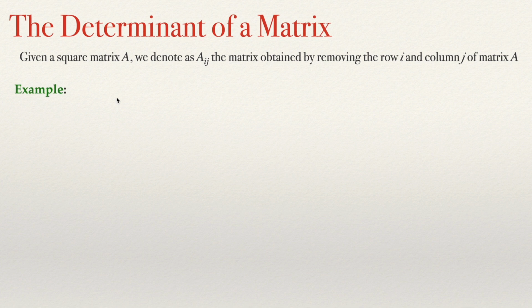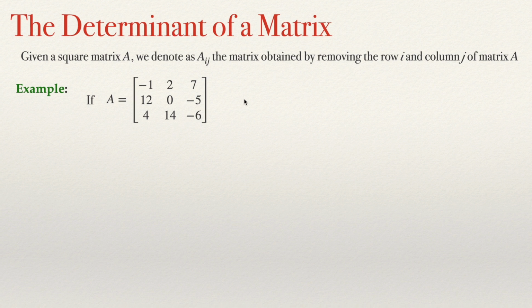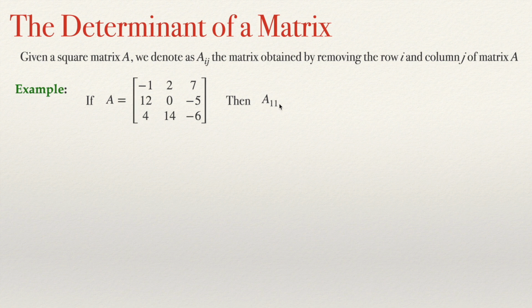So, for example, if we have this matrix, this is the matrix A, and I want to obtain the matrix A sub 1,1. It will be a matrix in which we remove the row 1 and the column 1. Obviously, if we do that, we are going to obtain a 2 by 2 matrix.